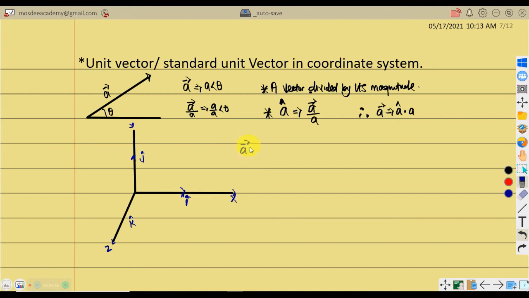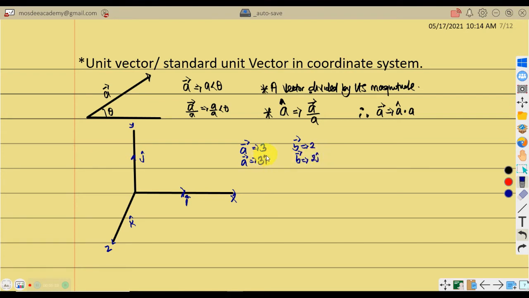For example, if I write vector A and I say A is equal to 3, then if you want to write it in standard unit vector, A vector will be equal to 3i cap. Now the same thing for j. Let's say B vector is equal to 2, so writing it as standard unit vector, it will be 2j cap.